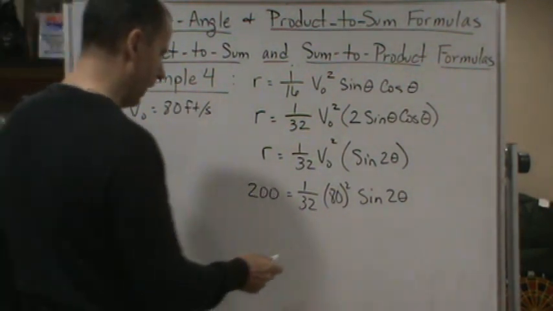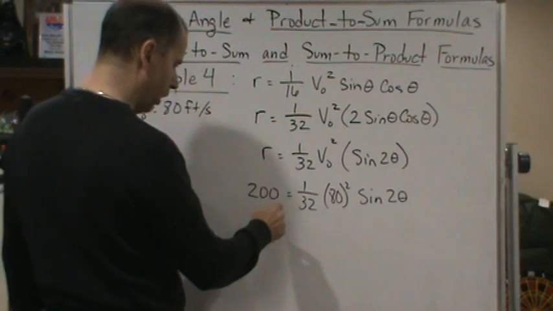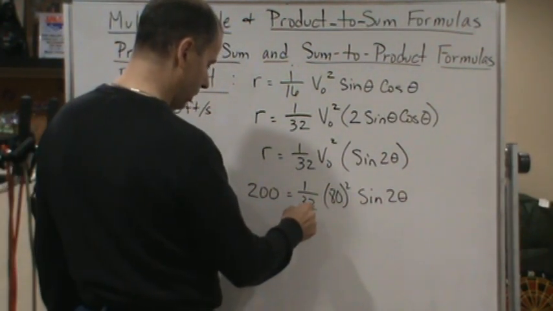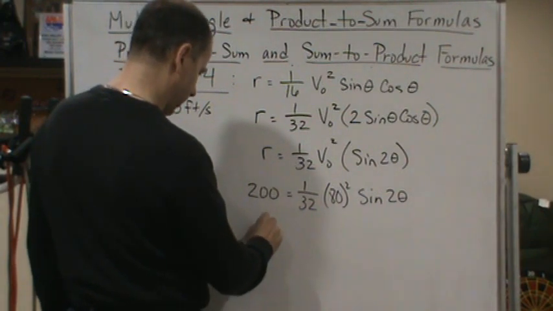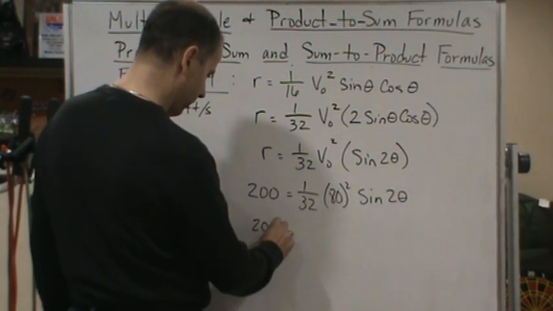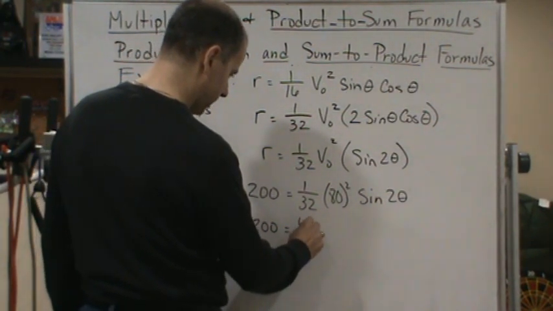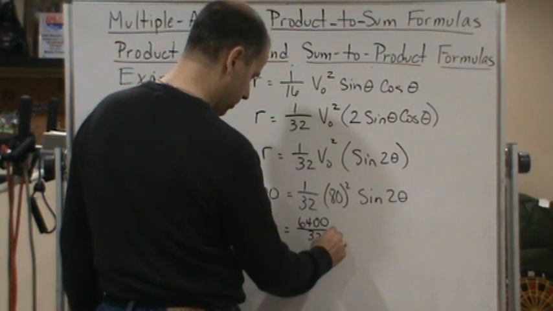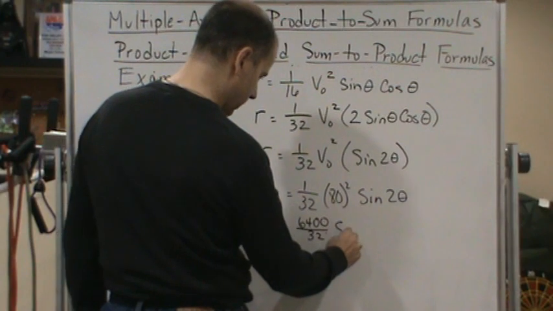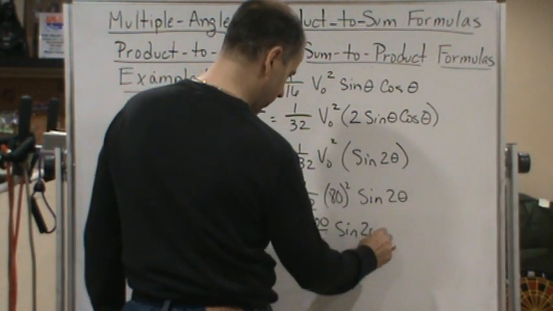Now I'm going to solve this. 80 squared is 6,400, so this is going to be 200 equals 6,400 over 32 times sine of 2 theta.